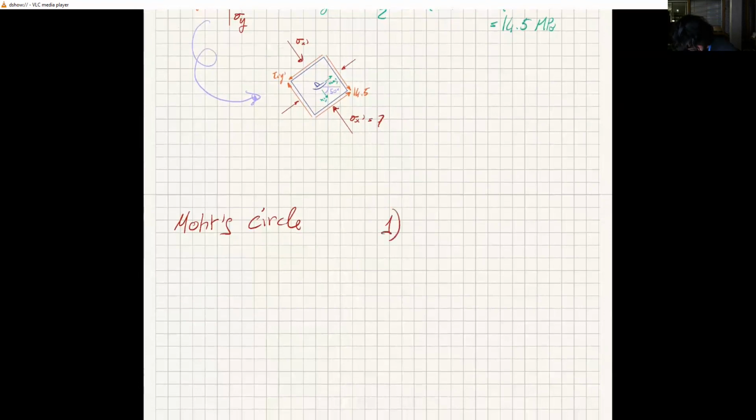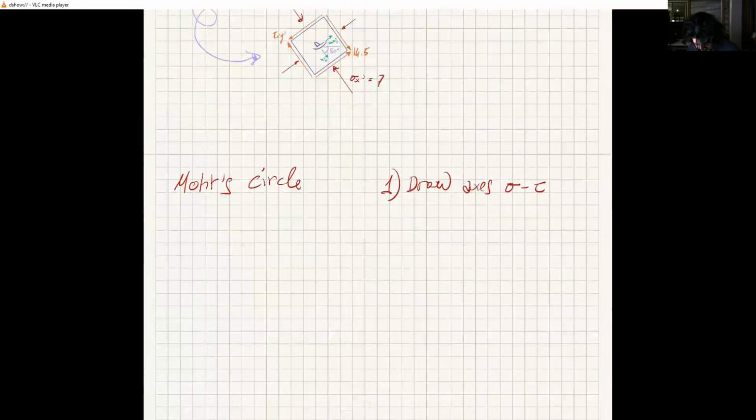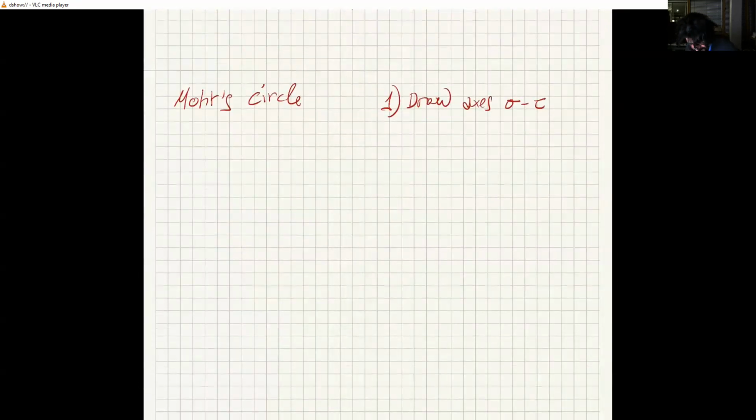So the first step is to draw the axes, sigma and tau, and we draw them with sigma going in this direction and tau going down, for historical reasons and for convention, really.